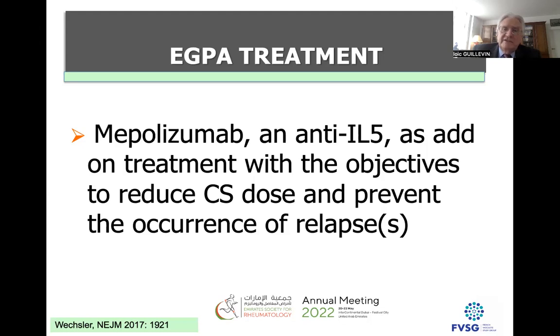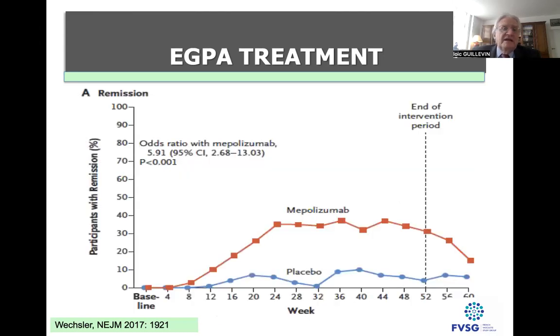And it has been studied also in EGPA with the objective to reduce the corticosteroid dose and to prevent the occurrence of relapses. And in the paper by Wechsler, published in the New England Journal of Medicine, you can see that EGPA treatment, it is clearly superior to give mepolizumab than placebo. It is, of course, a treatment given as add-on therapy on steroids and immunosuppressants.